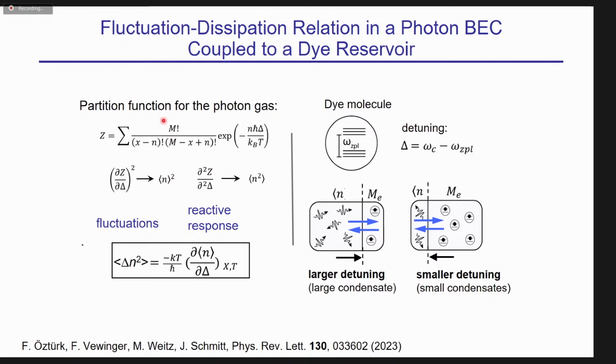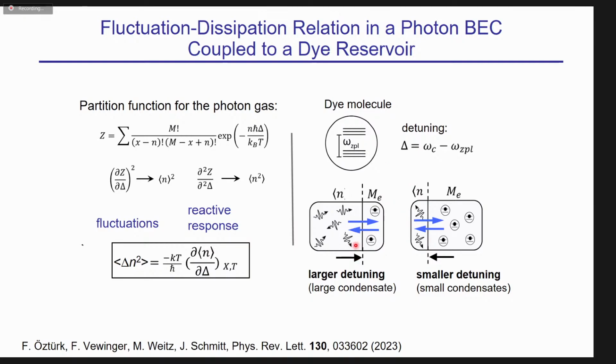By applying these two derivatives, you can relatively easily derive a fluctuation dissipation relation, which relates the fluctuations to the reactive response, the change of the average particle number on a modification of the dye cavity detuning.